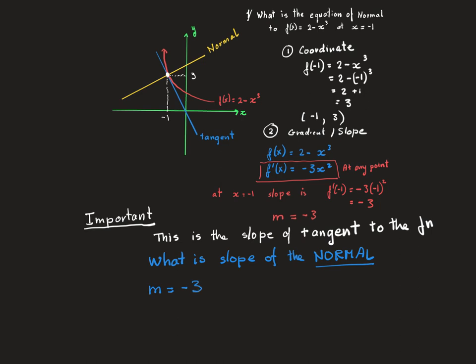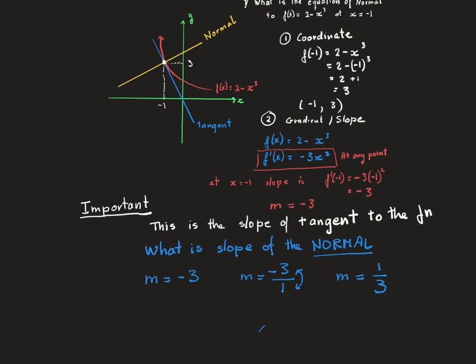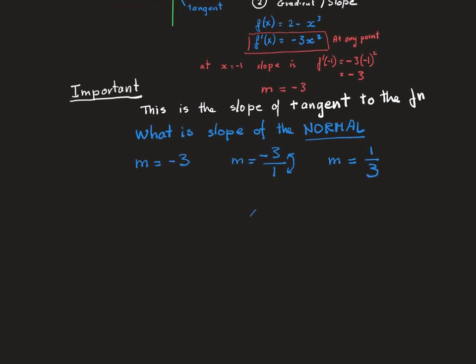To find the negative reciprocal, write it down like this: m is equal to -3 over 1, because now we can reverse that, and with the negative reciprocal it will now become 1 over 3. Well, that's the definition of a negative reciprocal.